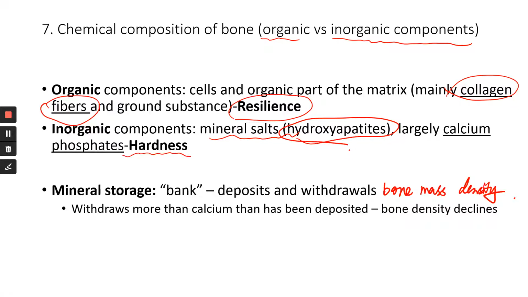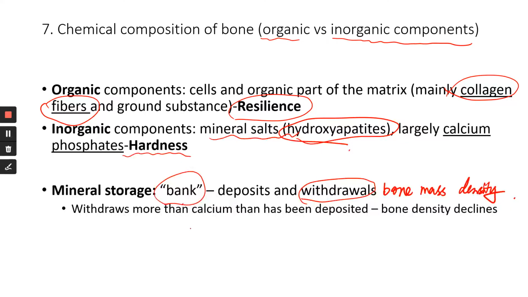Remember we said that the bones really serve as a bank for calcium, right? A bank for calcium, because it's a storage site for calcium. So your body has other functions that require calcium. So your body may withdraw calcium from your bones to perform other functions. Or your body could deposit and store calcium in bones. So it's a kind of constant process.